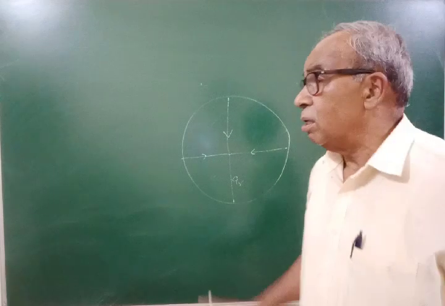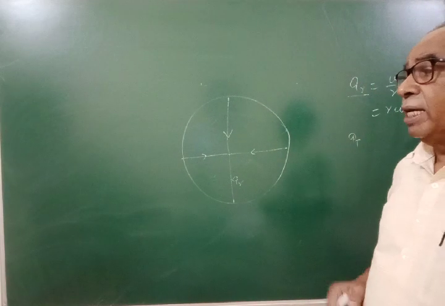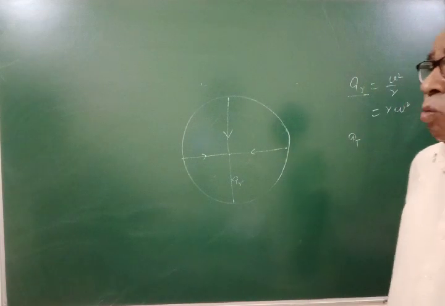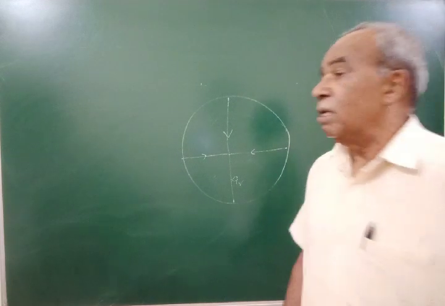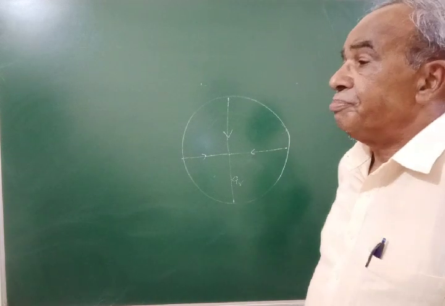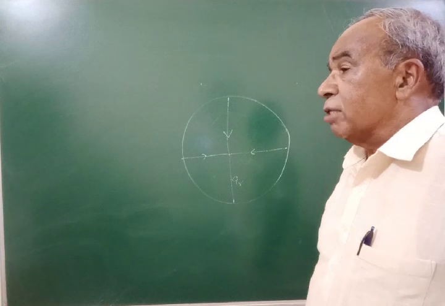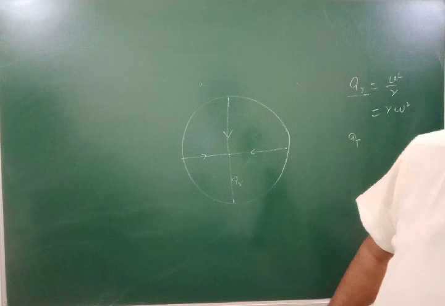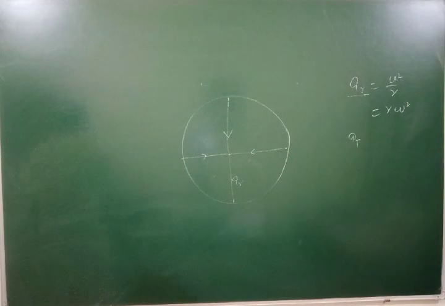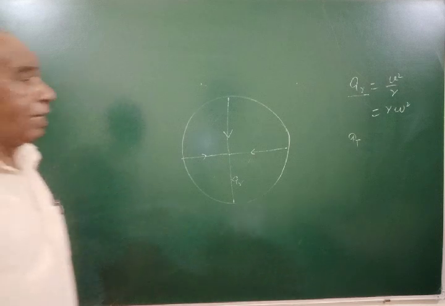So this is the concept of centripetal acceleration. Why is the direction towards the center? Because the direction of acceleration is along the direction of change in velocity. I told you earlier that the direction of acceleration is not necessarily always along the velocity or opposite to it; it may be at any angle.